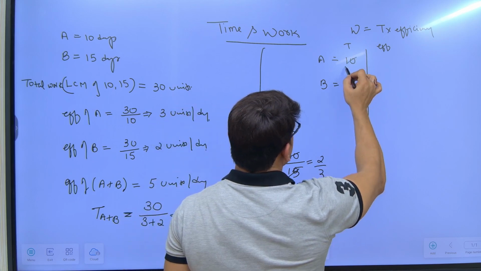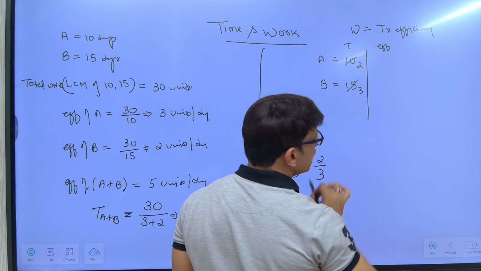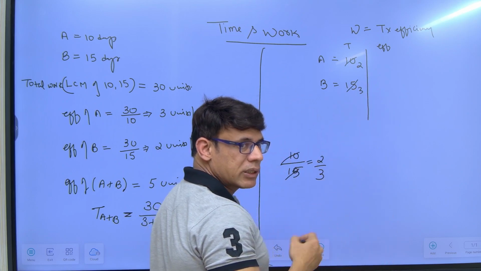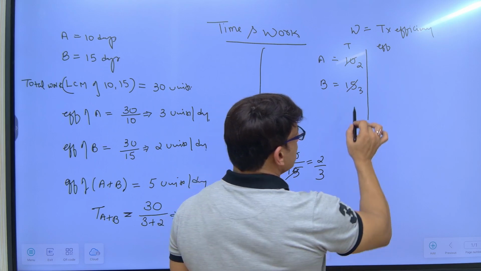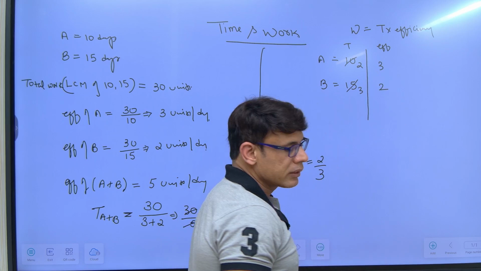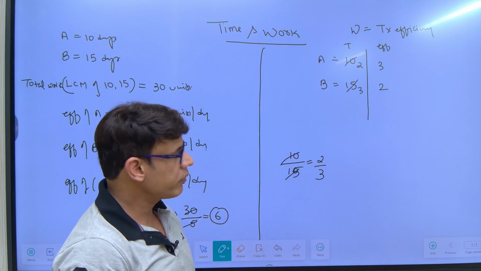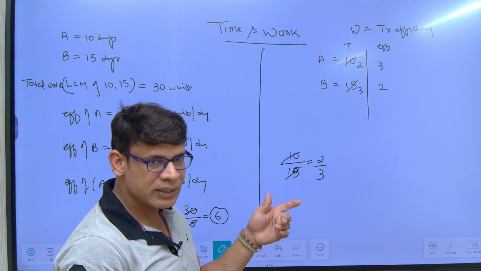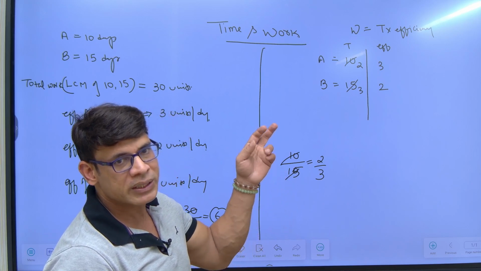So this will be 2 and this will be 3. Efficiency is inversely proportional, so this goes here and this goes here. If the ratio of time taken is 2:3, the ratio of efficiency will be 3:2.